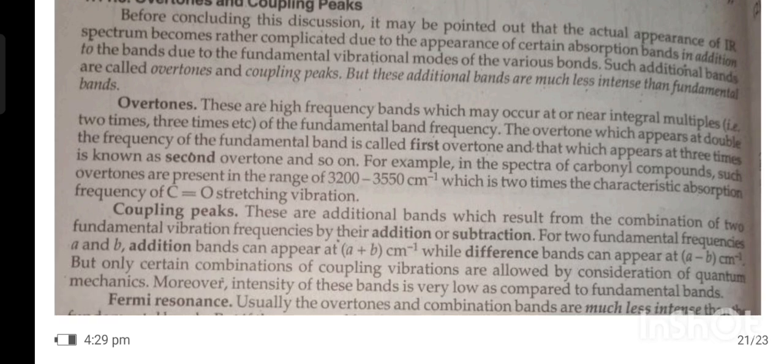These are high frequency bands which may occur at or nearly at integral multiples, such as 2 times, 3 times, etc. of a fundamental band frequency. The overtone which appears at double frequency is known as the first overtone, and so on. For example, in the spectra of carbonyl compounds, such overtones are present in the range of 3200 to 3500 centimeter inverse, which is 2 times the characteristic absorption frequency of a carbon double bond oxygen stretching vibration.